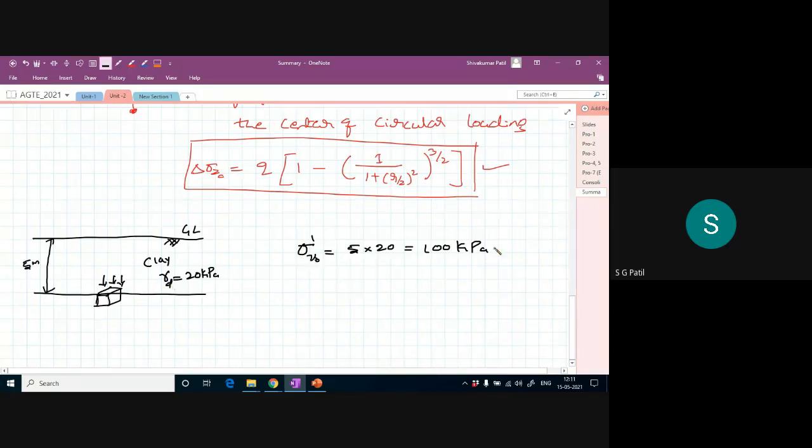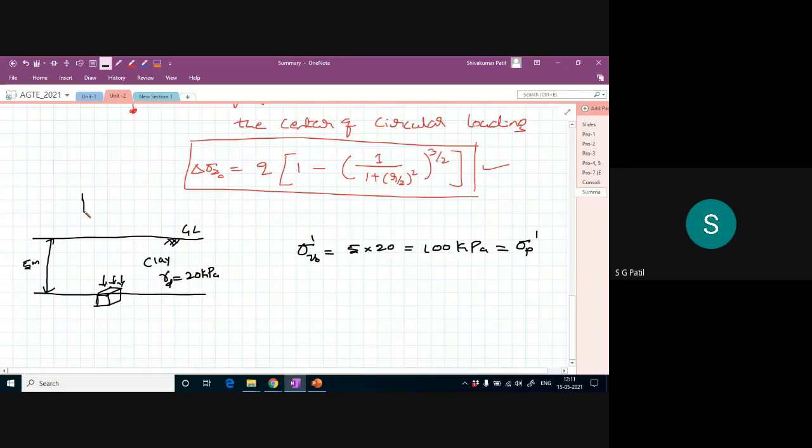So this itself is the pre-consolidation stress, sigma P dash. Pre-consolidation stress is the maximum vertical pressure in history the soil has ever experienced. Throughout its history, how much stress has it experienced? 5 times 20, that means 100 kilopascal. So that is my pre-consolidation stress.